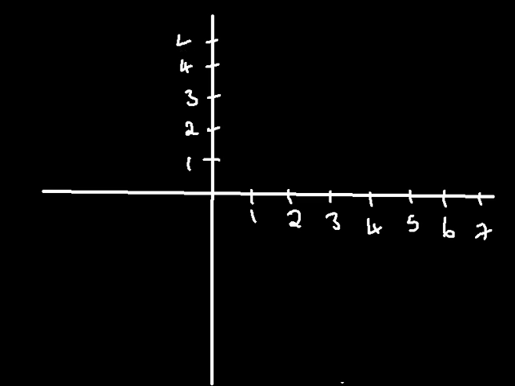By the way, that is 5. And say this is negative 1, negative 2, negative 3, and negative 4, and this is negative 1, negative 2, negative 3, and negative 4.